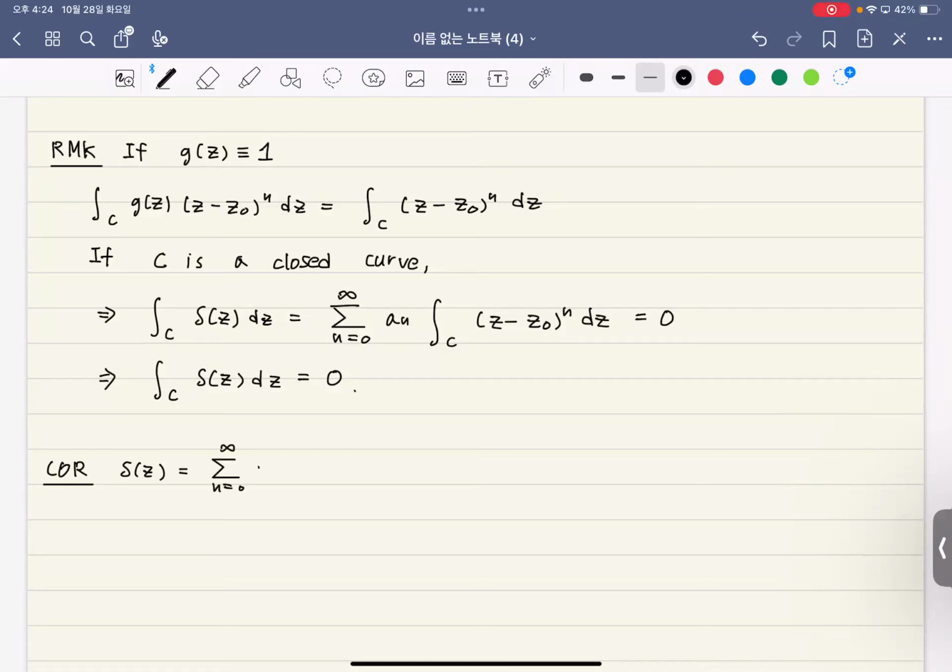A function given by a power series is analytic at each point inside of the circle of convergence.